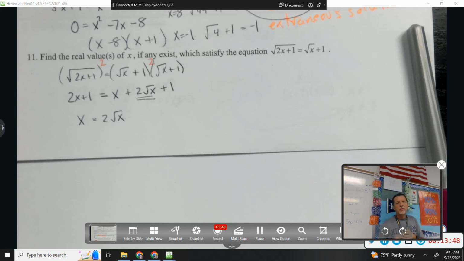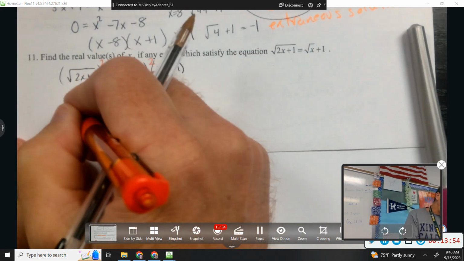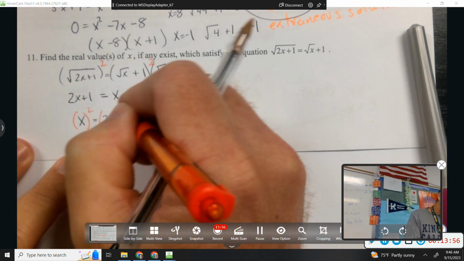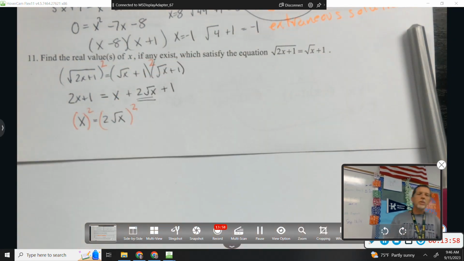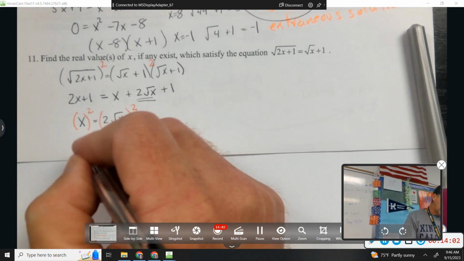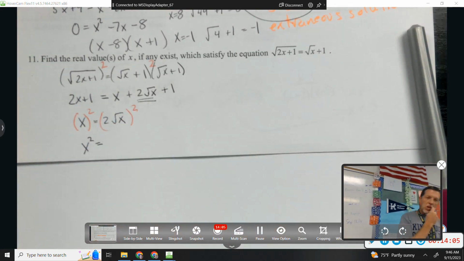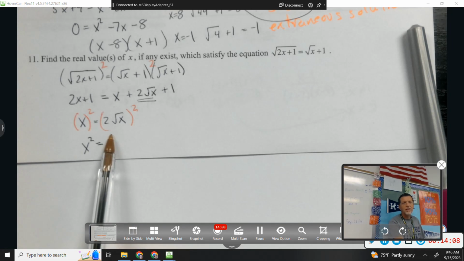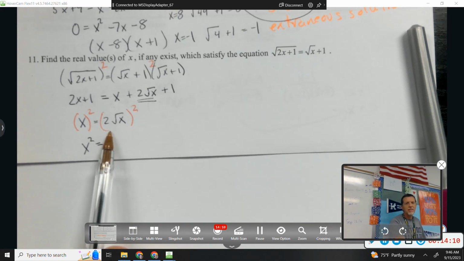So I have 2 options now. I could divide by 2 and then square both sides, but then I have fractions to deal with. Or I can say, I can handle a 2 in there. Let's just square both sides. As long as you know what happens when you square 2 root x, what would you get? 4x, right?